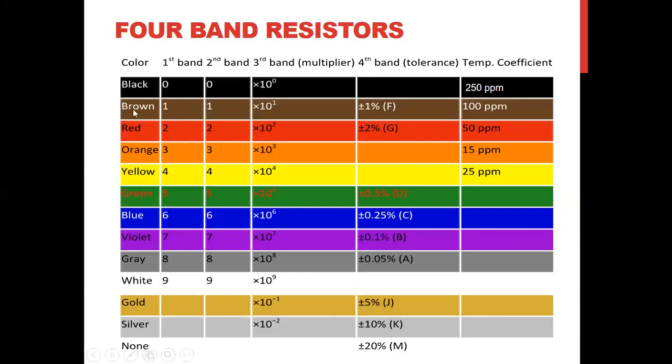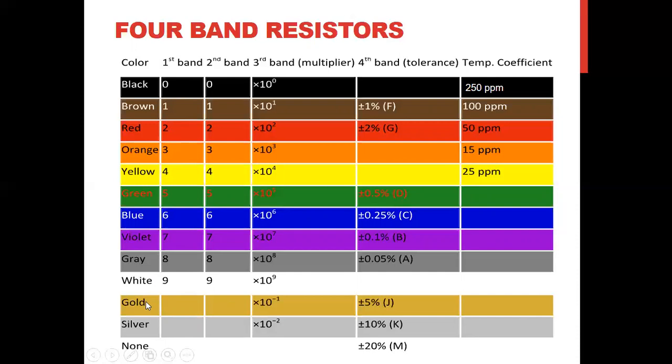We can see here the colors, and depending on that, they have a value. It is worldwide known. So black is 0, brown is 1, red is 2, and so on. None means there is nothing. So until white, 0 to 9, they have the value.